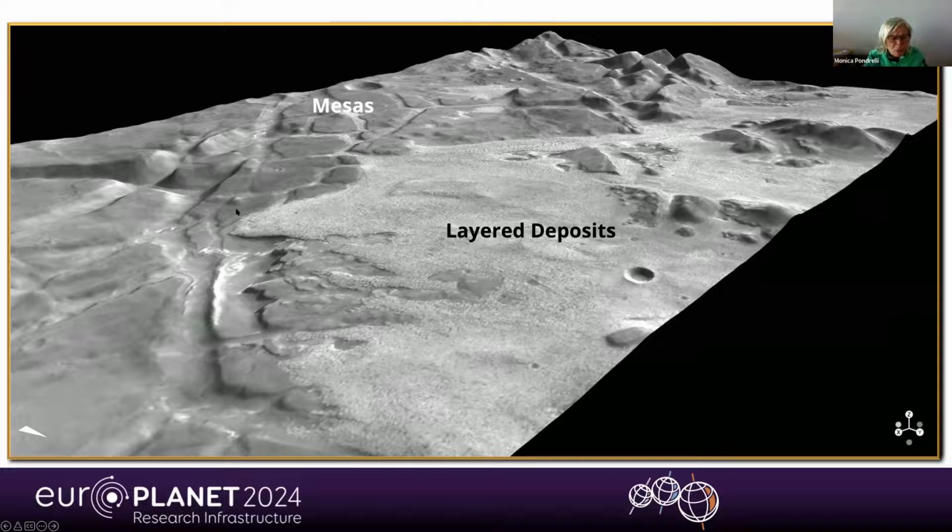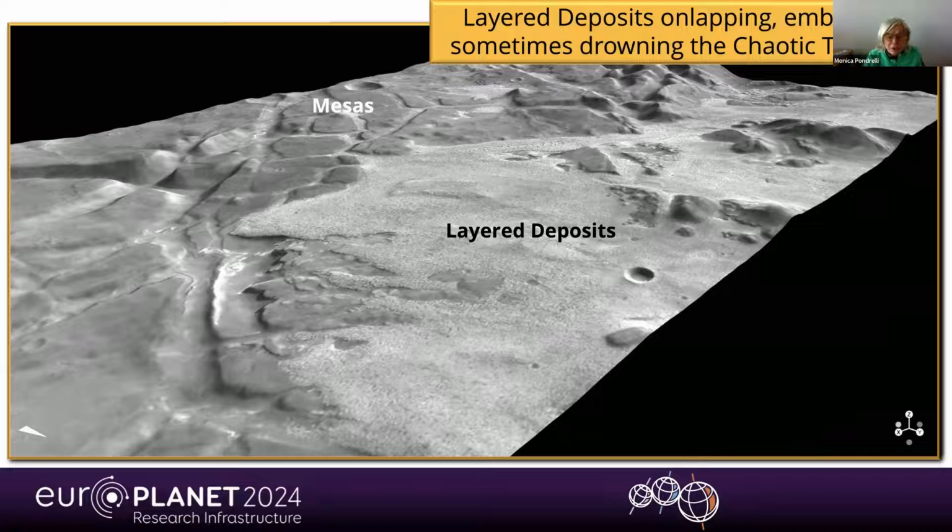So the layer deposits are, I think it's very clear here, overlapping against the mesas, which means they are postdating the mesa. Sometimes some part of the deposits are almost disappearing below the layer deposit.